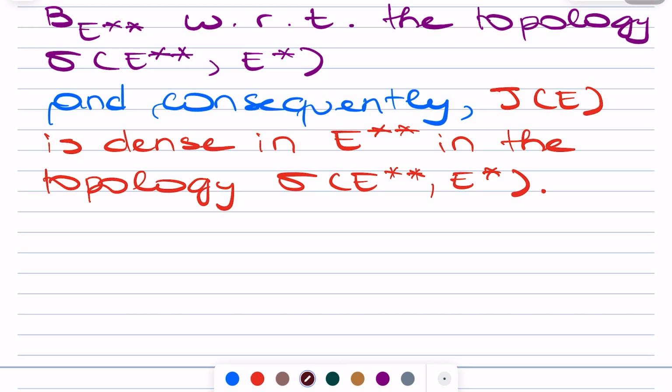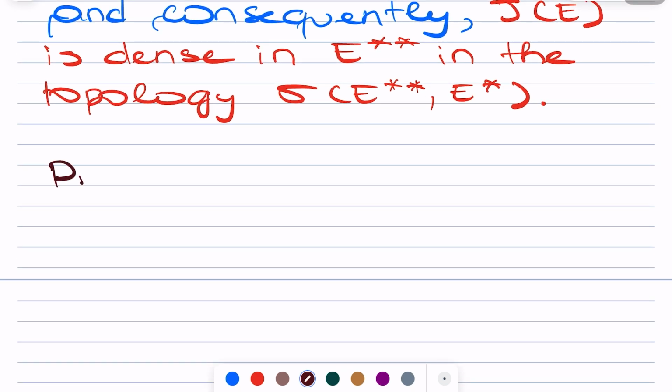The proof. After this proof, we'll come back to terminate the proof of the Kakutani theorem. The proof.